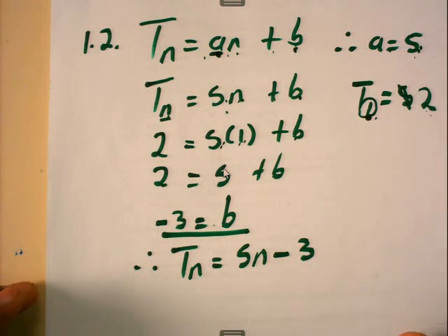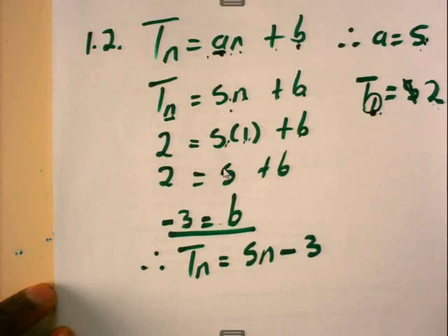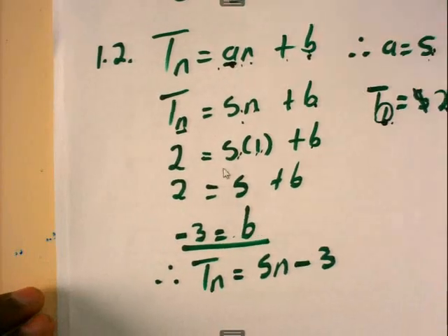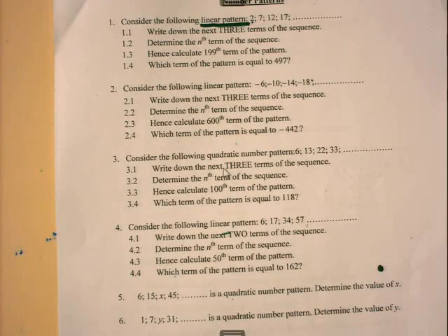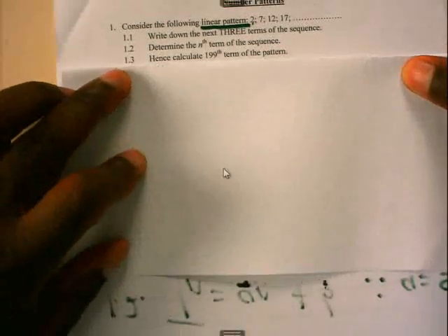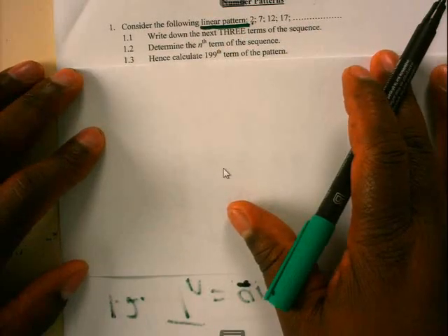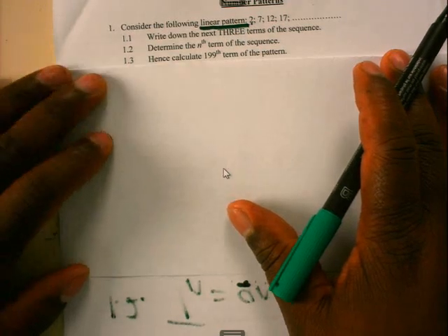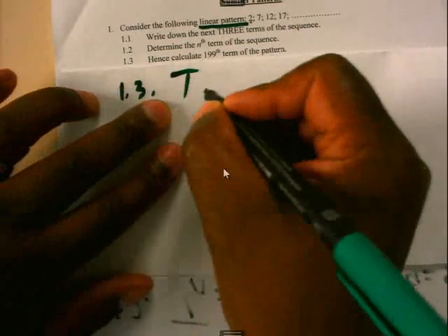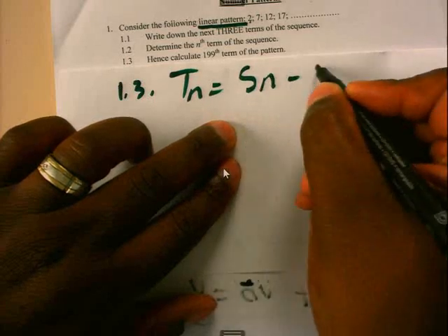Let's look at the next question then, 1.3, because 1.1 and 1.2 have been answered, and I hope we are still following. Let's answer 1.3. 1.3 states, calculate the 199th term. Remember, when answering 1.3, our general term, Tn, is equal to 5n minus 3.